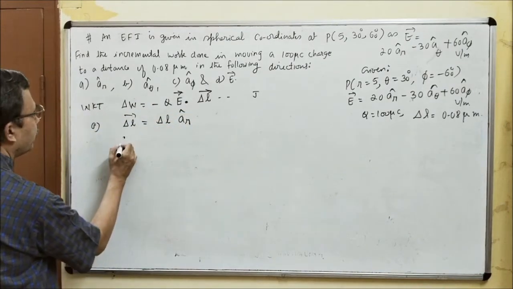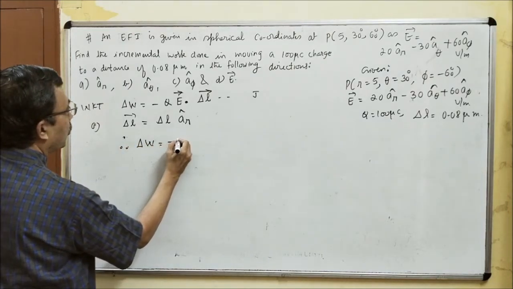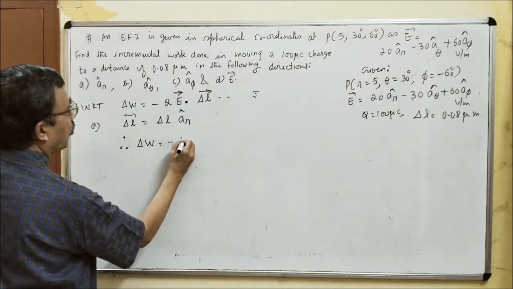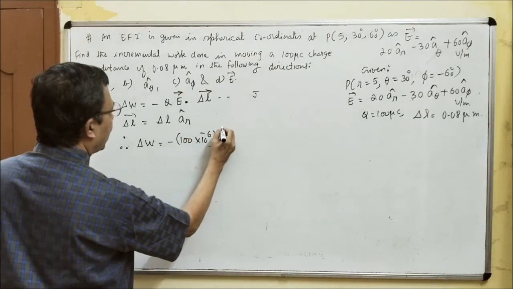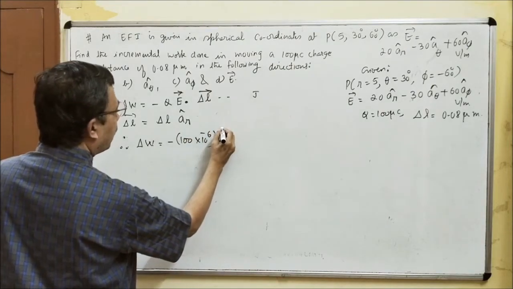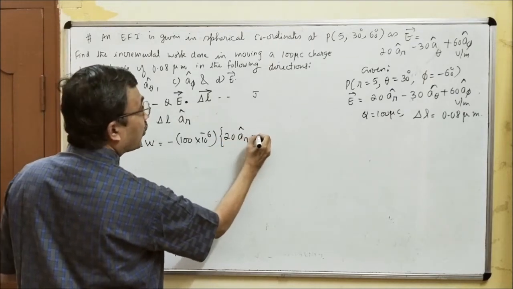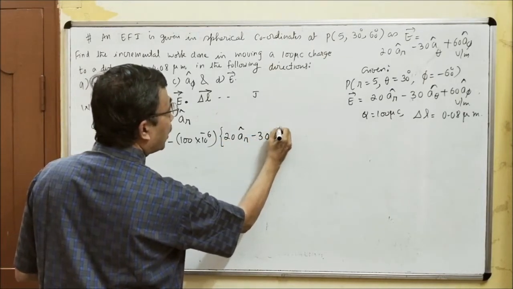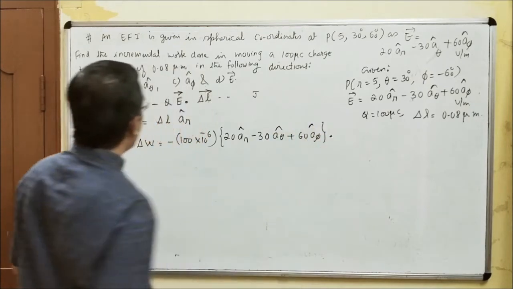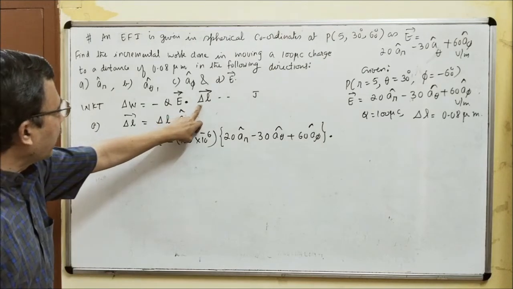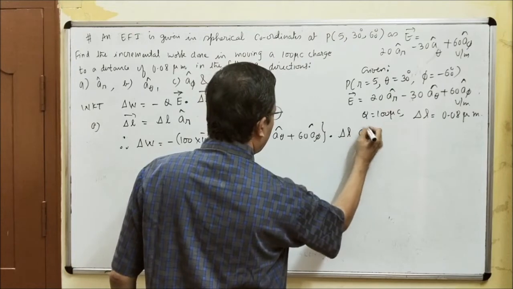So therefore, delta W is equal to minus Q. Q is 100 microcoulombs, 100 into 10 to the power minus 6. What is vector E? Vector E is 20 times AR cap minus 30 times A theta cap plus 60 times A phi cap, dot vector delta L, which is nothing but delta L into AR cap.